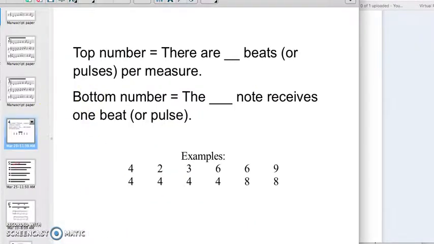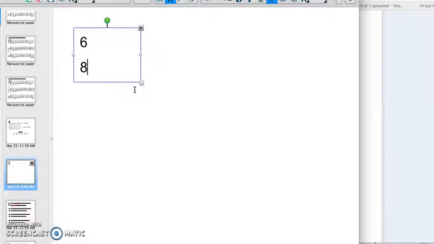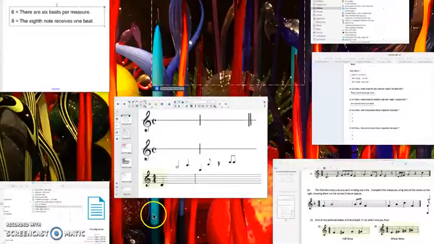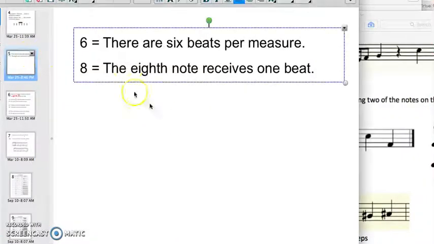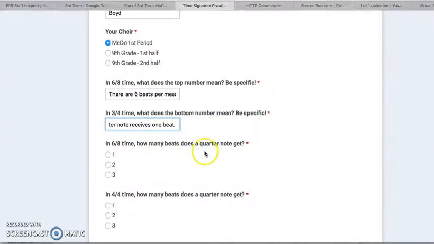So, going back to our formula, in 6/8 time, there are 6 beats per measure. The 8th note receives a beat. So for 6/8, I know there are 6 beats per measure, and the 8th note receives 1 beat. My question is asking, in 6/8 time, how many beats does a quarter note get?